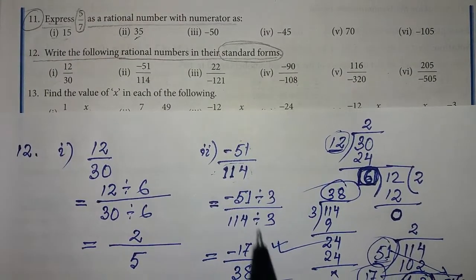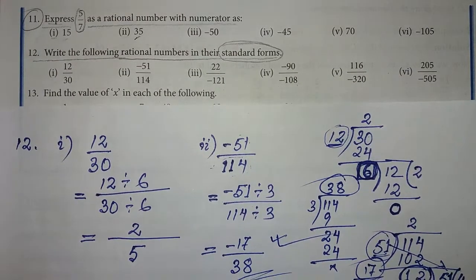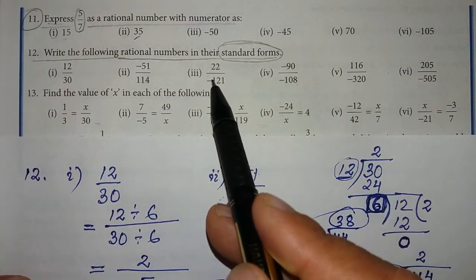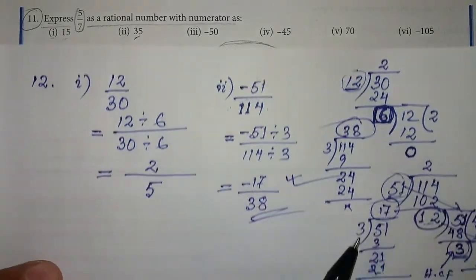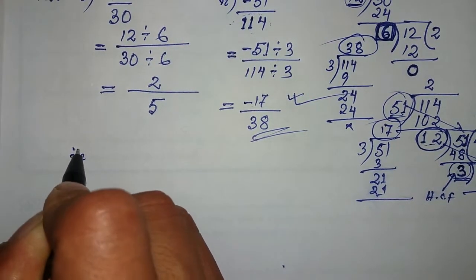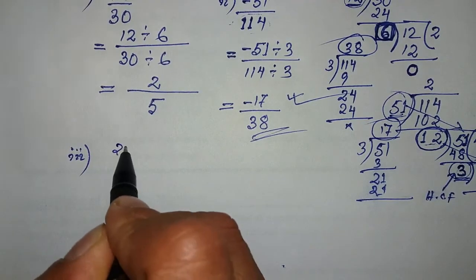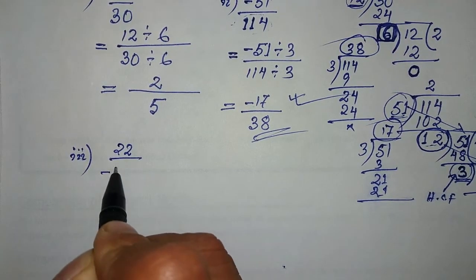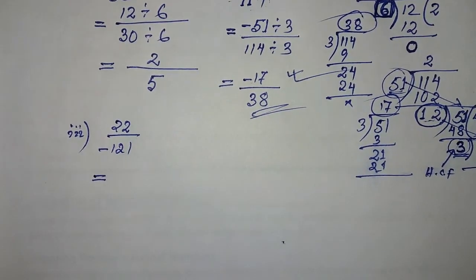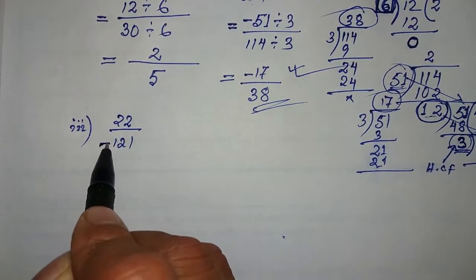Now let's see Roman number 3. 22 by minus 121. Now here minus is in the denominator.